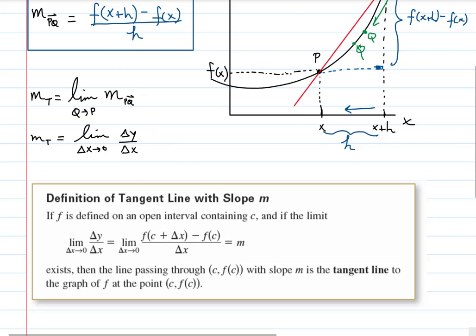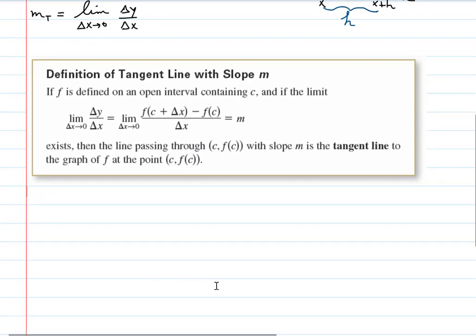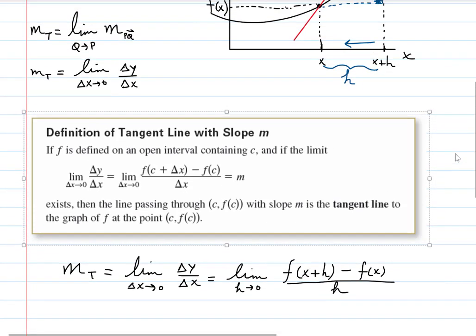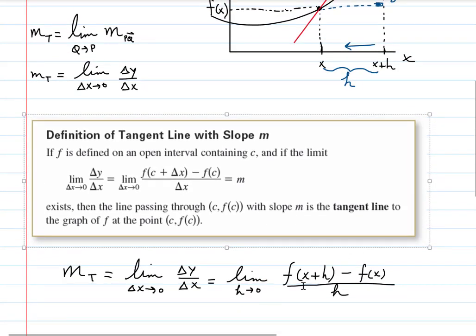If I rewrite this with our variables, it would look something like this. So here we have it. The slope of the tangent line is now defined as the limit of this difference quotient as h goes to 0.